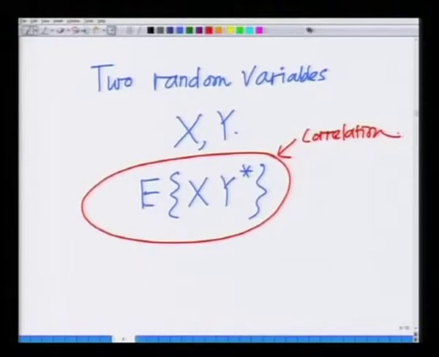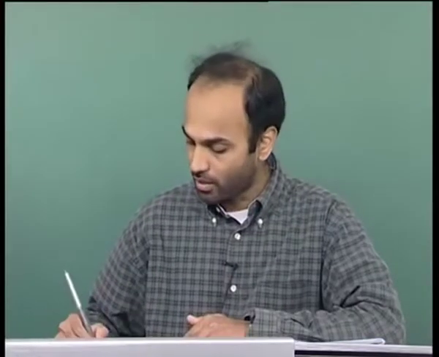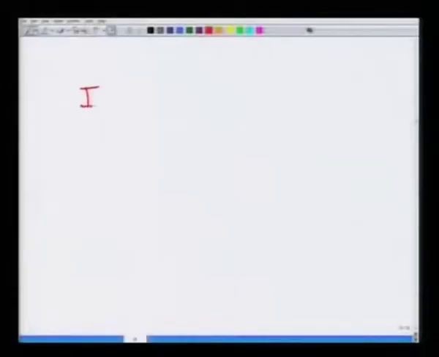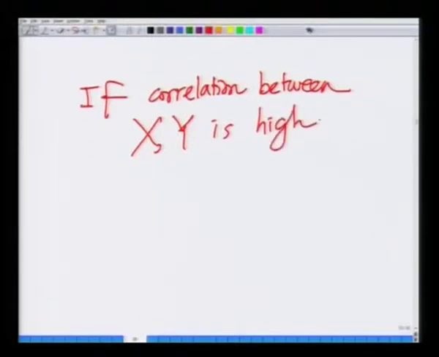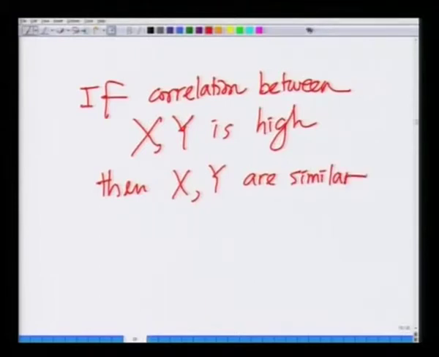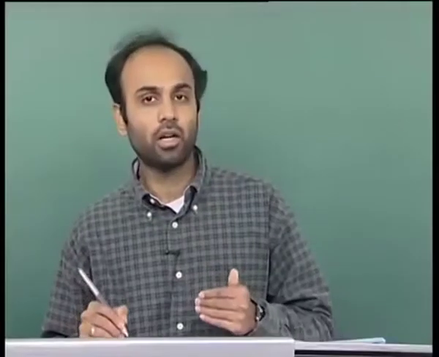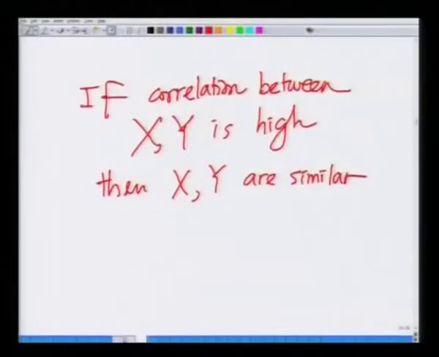If the correlation between x comma y is high, then x and y are similar.